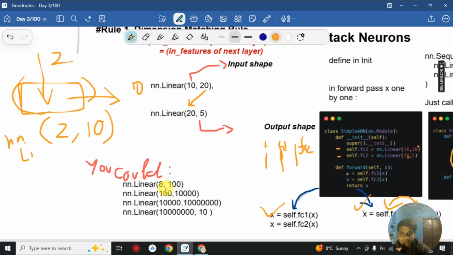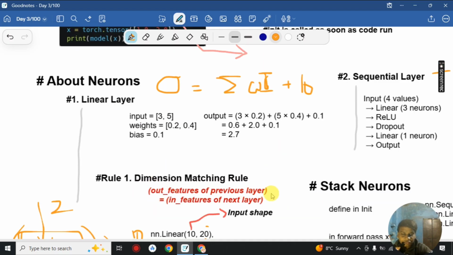Okay, now you may be asking, suppose we could add here any number. Like here we have 8 as an input tensor, then sequentially to 1000, then to 10 lakhs or something, etc. So we could do this. You just need to keep one rule in mind: the output feature of the previous layer should be the input feature of the next layer.